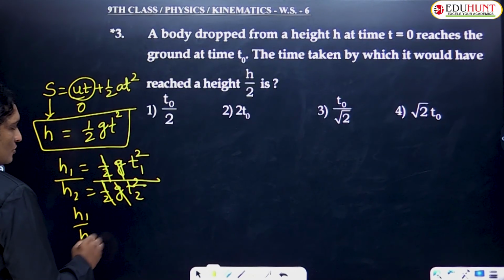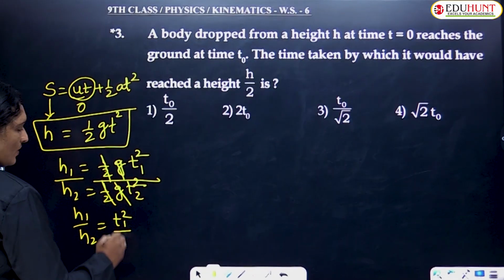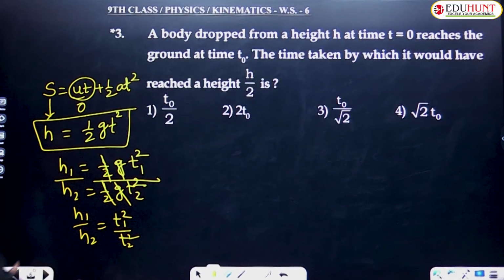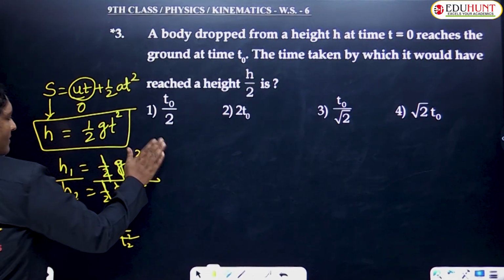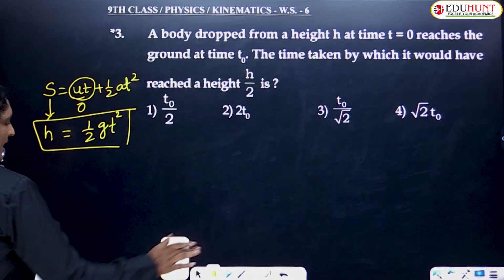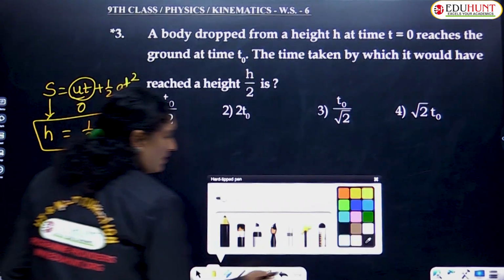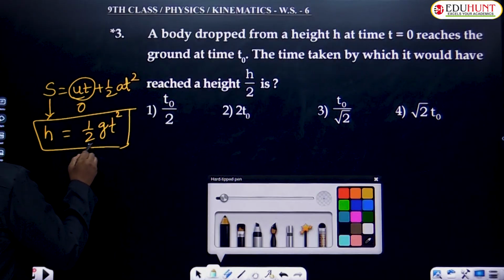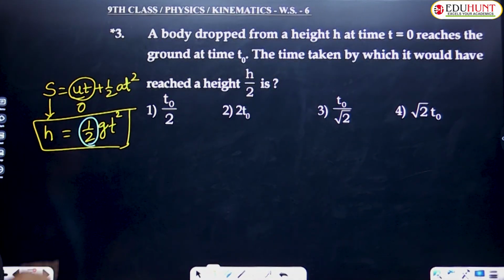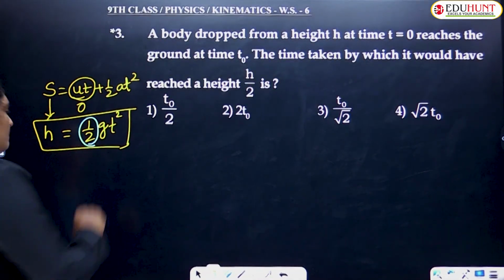So let us try substituting the same, children. s1 is half g n square, s2 is half g n minus 2 whole square. So half g n square minus half g n minus 2 whole square equals 120. So try to solve this, children.